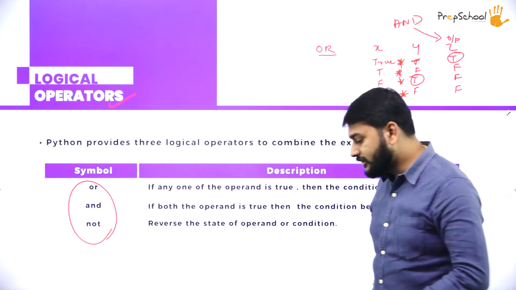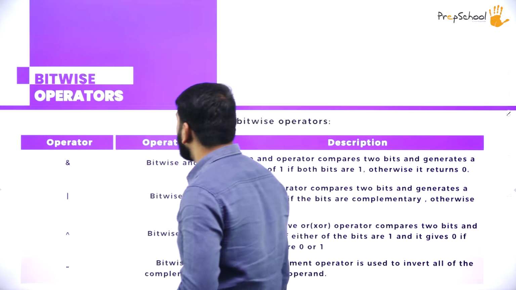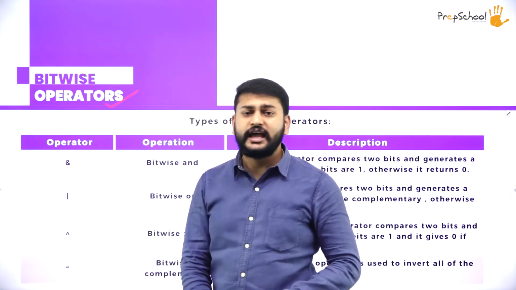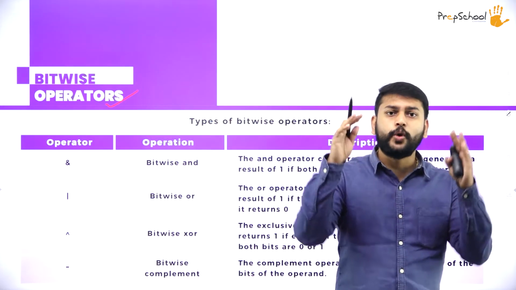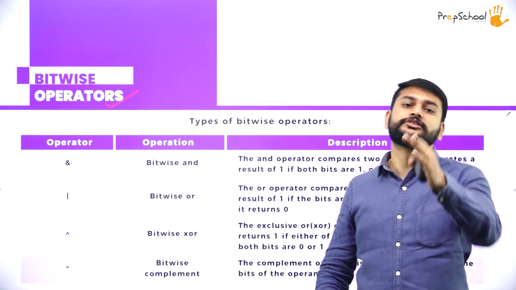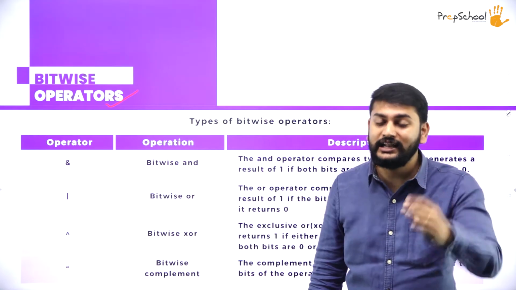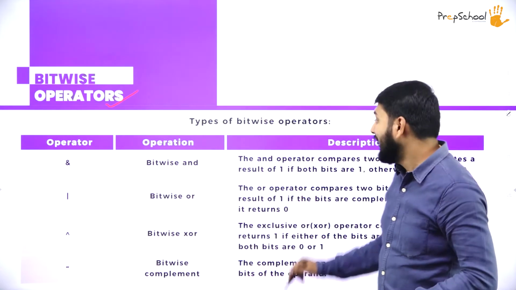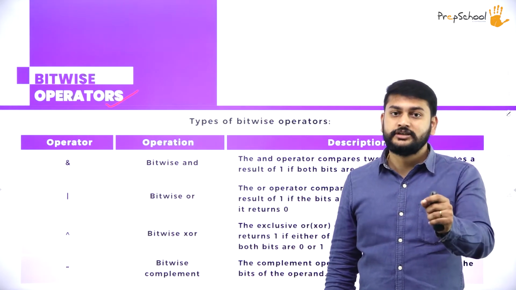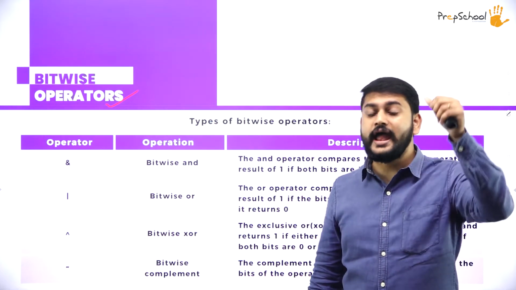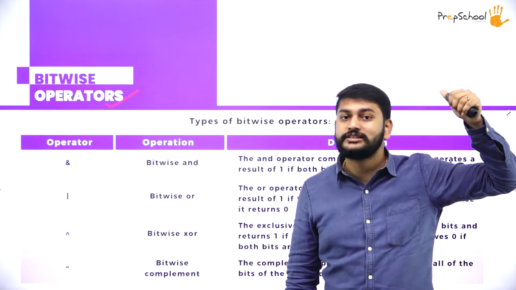Moving on to the next one, that is the bitwise operator. Guys, bitwise operators work exactly like logical operators, but they deal with zeros and ones. That is the reason I have not taken zeros and ones in the previous example.